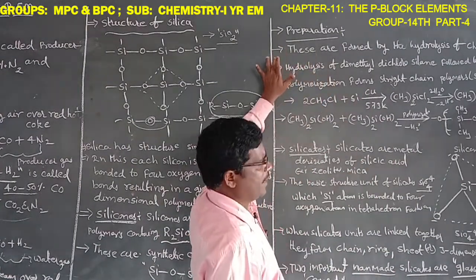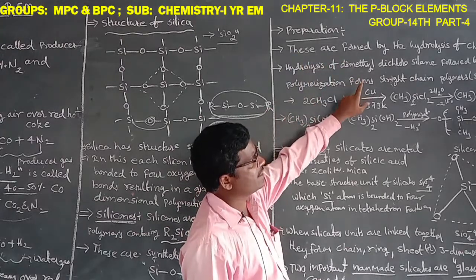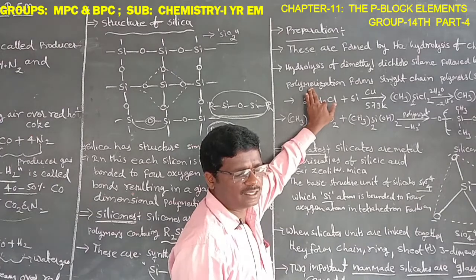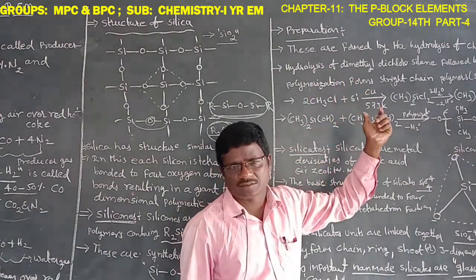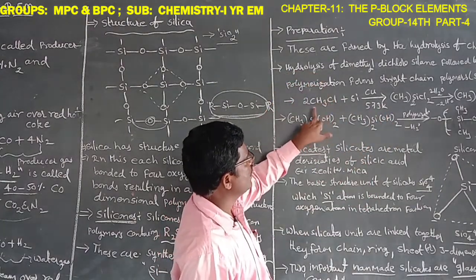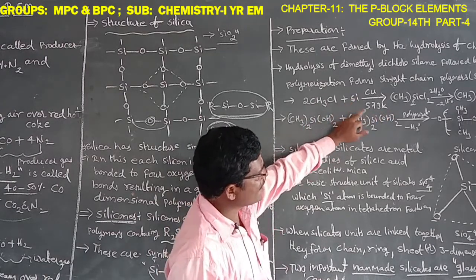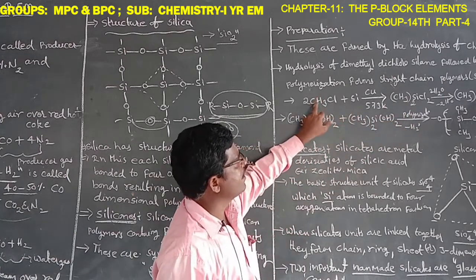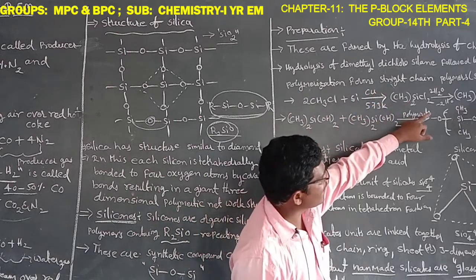Next, preparation of silicones. Silicones are formed by the hydrolysis of chlorosilanes, like dimethyldichlorosilane, followed by polymerization into straight chains.